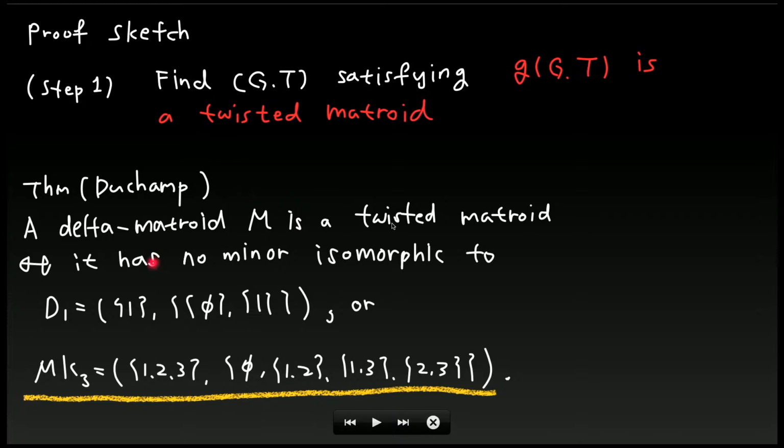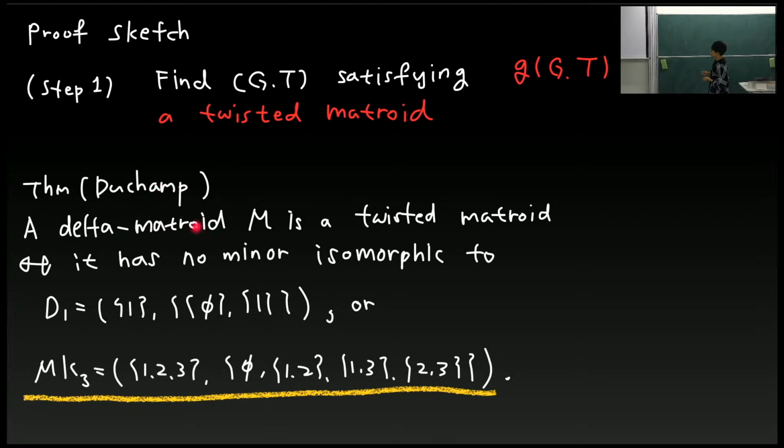For this, we use a theorem due to Duchamp, characterizing the excluded minors for the class of twisted matroids. This theorem says that a delta-matroid M is a twisted matroid if and only if it has no minor isomorphic to one of two matroids, D1 and MK3.